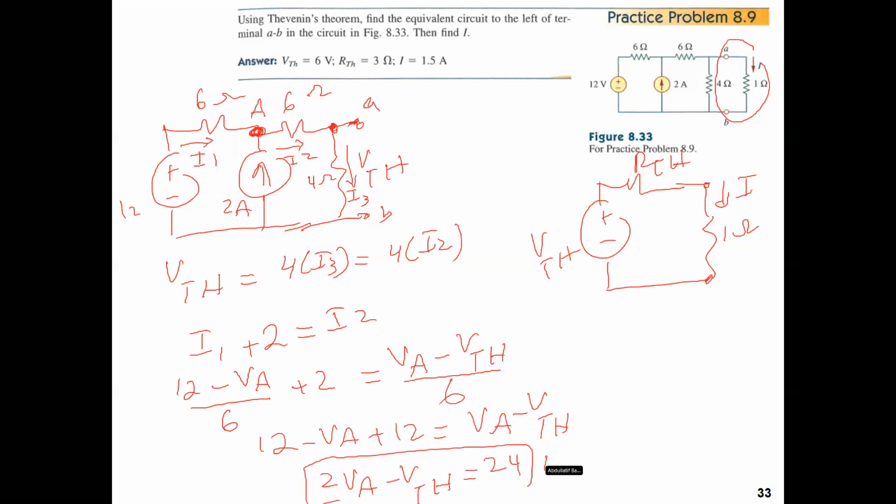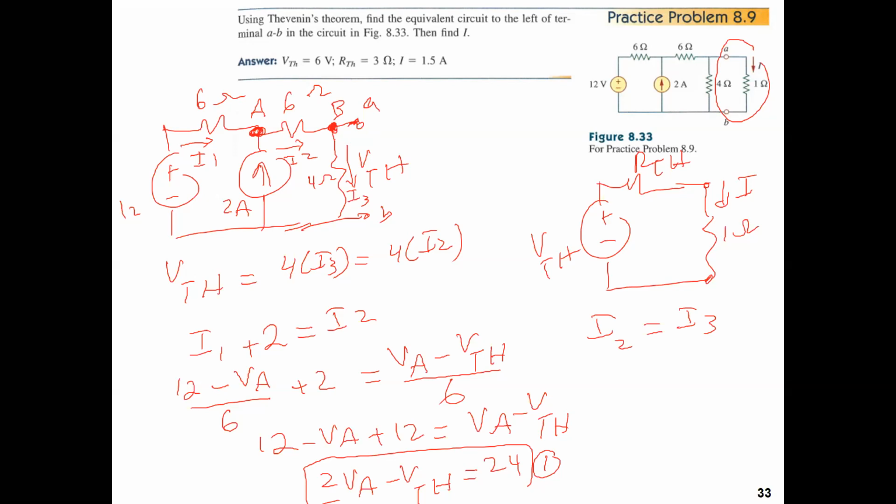So this is equation number 1 at node A. Then we apply KCL at this node, if we call it B. At this node, we have I2 equal to I3. The current going into the node is equal to the current leaving the node. I3 is leaving, I2 is entering.